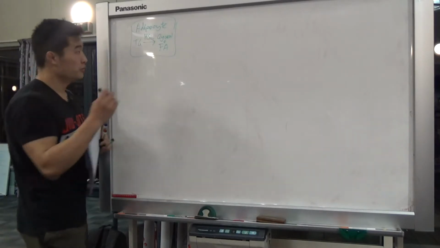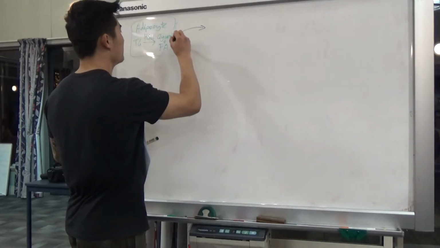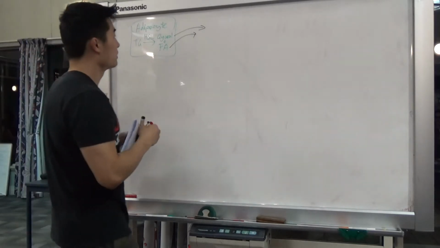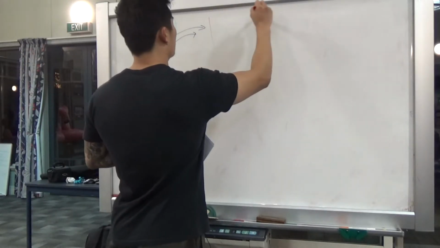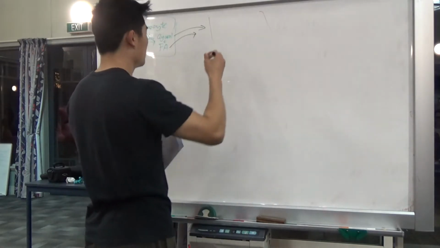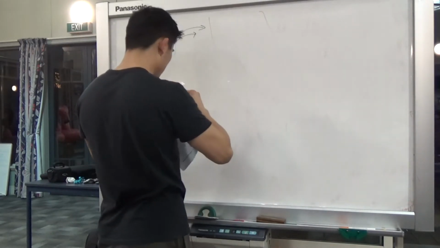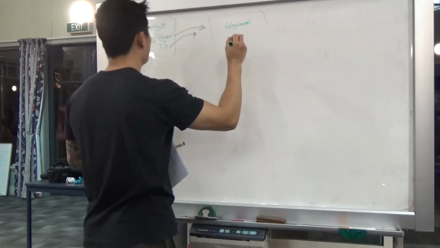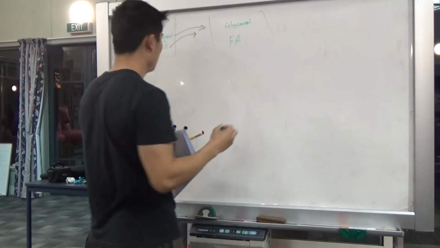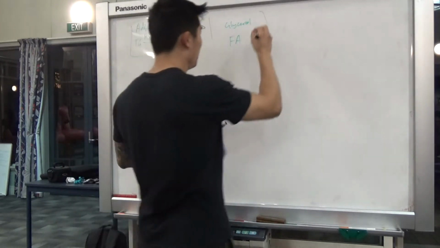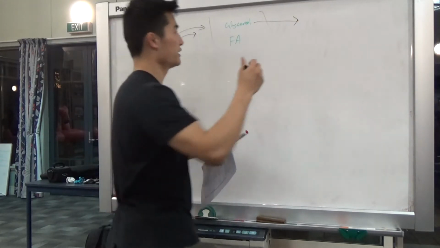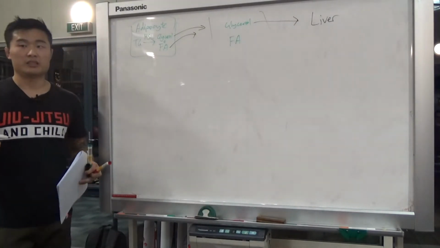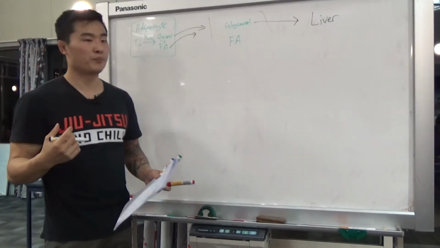And then they're going to diffuse into the bloodstream. Glycerol and fatty acids. So the glycerol will usually just go straight to the liver, okay? And then the liver can turn it back into glucose.